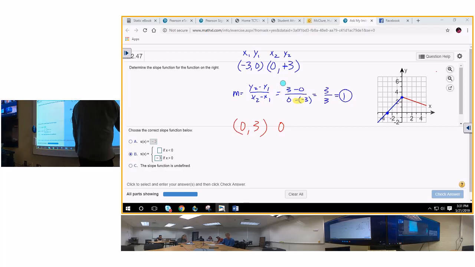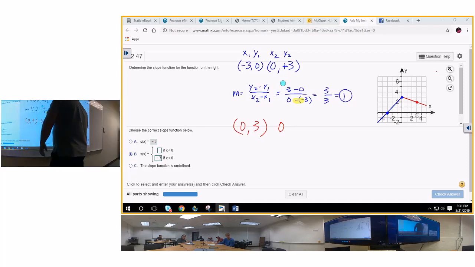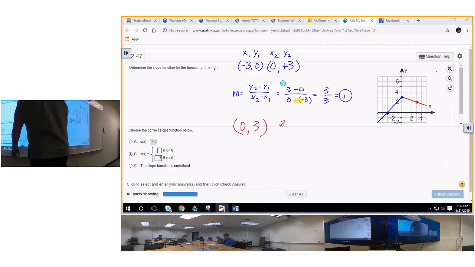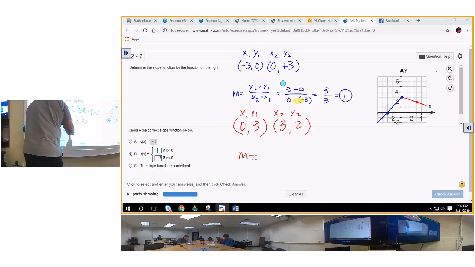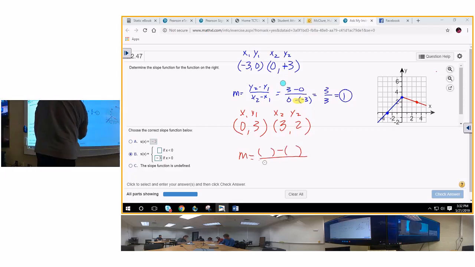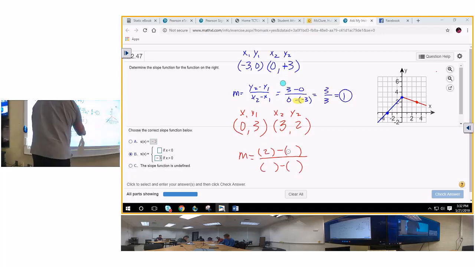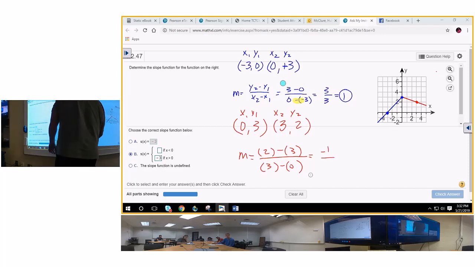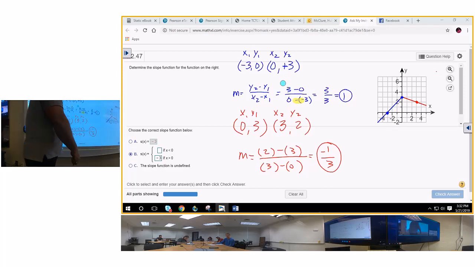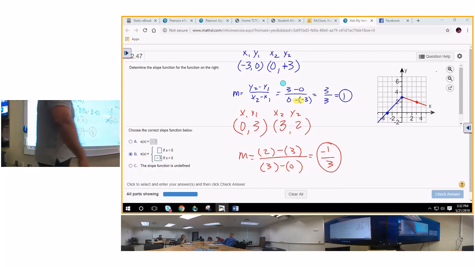We don't have an x intercept, but I'm going to pick this point right here, 3 and 2. x sub 1, y sub 1, x sub 2, y sub 2. m is equal to parentheses minus parentheses over parentheses minus parentheses. y sub 2 is 2, 3 and 0. 2 minus 3 is what? -1 over 3.